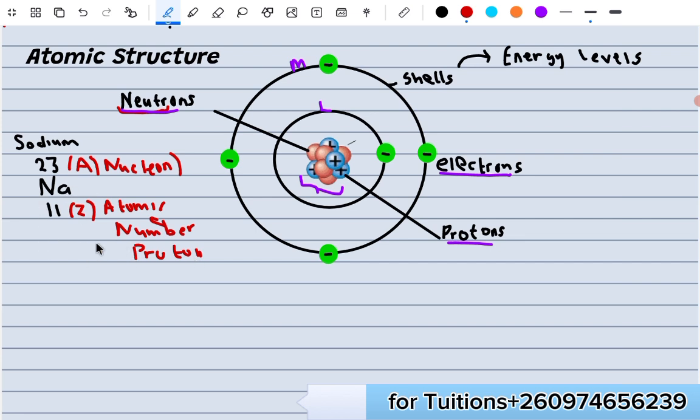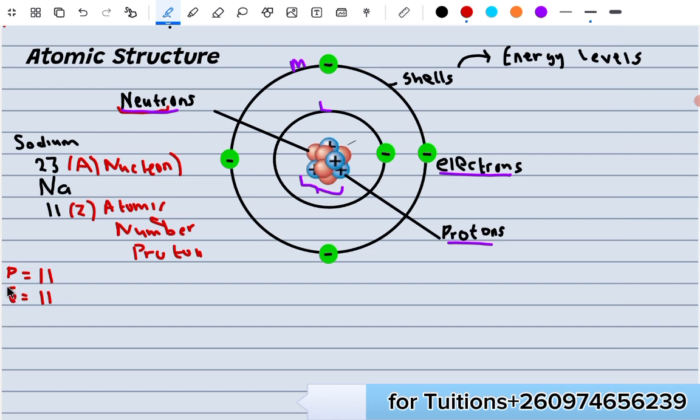Just by looking at this, if you wanted to count the number of protons in this structure, it will simply be 11. We're looking at the subatomic particles, so protons are 11, you just get the number which is here. Electrons are equal to protons in a neutral atom, so electrons will also be 11.